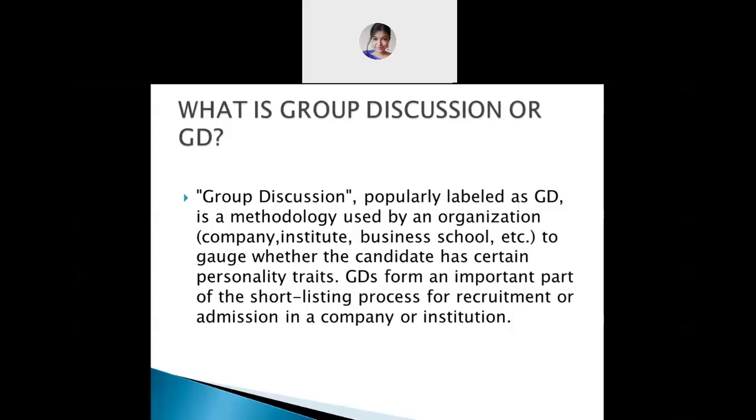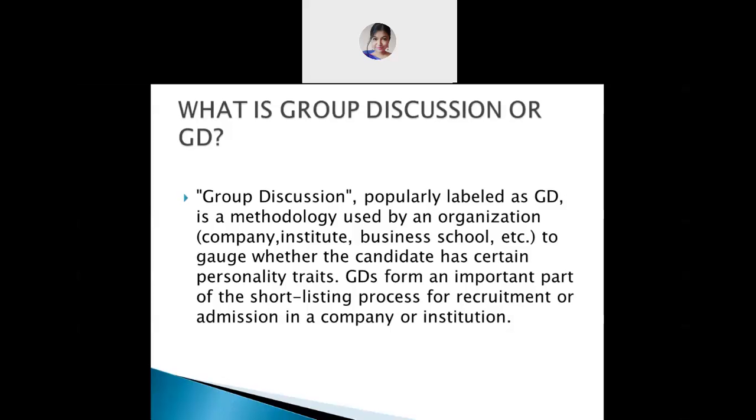Once you clear the group discussion round, you'll be called for another round, or you'll be directly selected, and then you'll be admitted to that institute. So it has become quite popular, and most organizations and institutes have started conducting GDs to select the candidates.